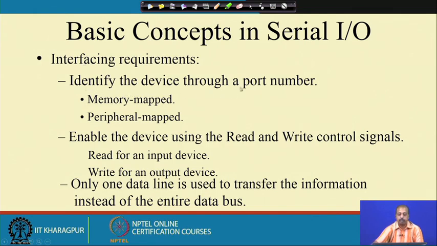For that we have to have some port number through which the devices are to be accessed. We will see this memory mapped and peripheral mapped concept later. Then we have to activate these read write control signals, and only one data line can be used. So, instead of doing these parallel transfers, if we use a single bit transfer, then we will come to the serial IO operation.